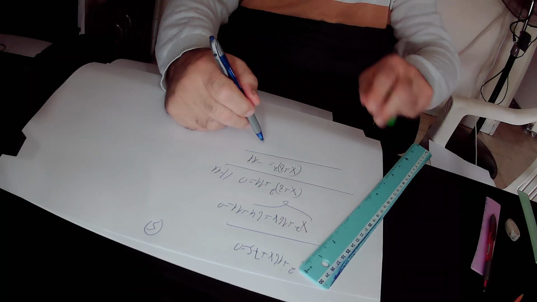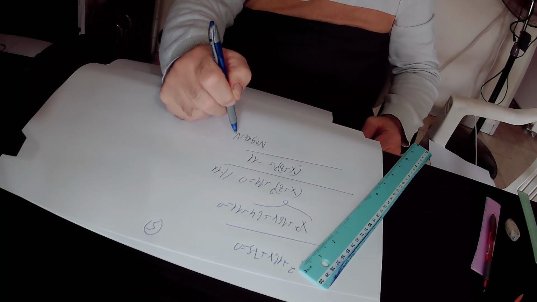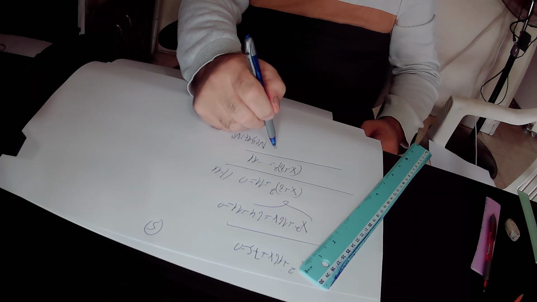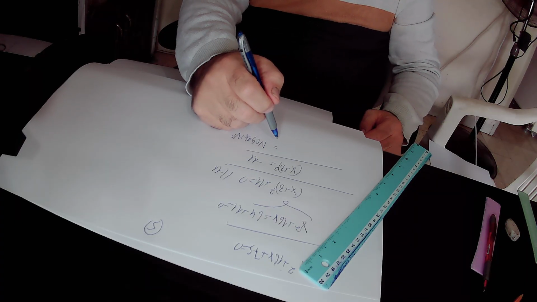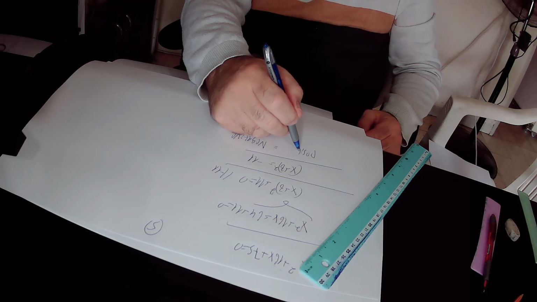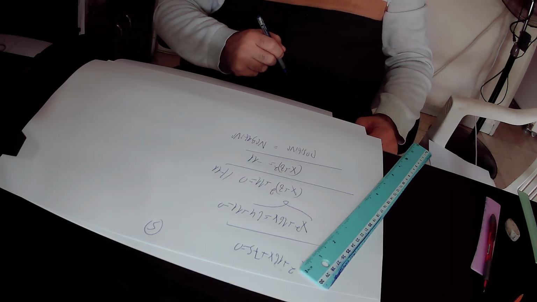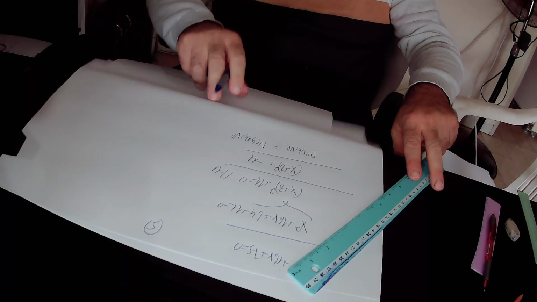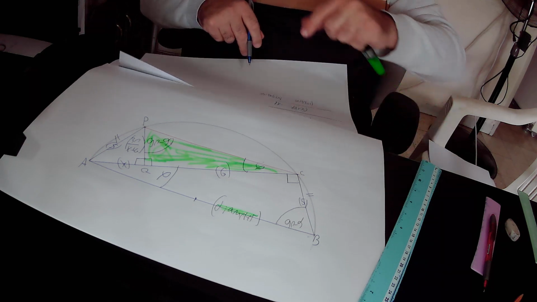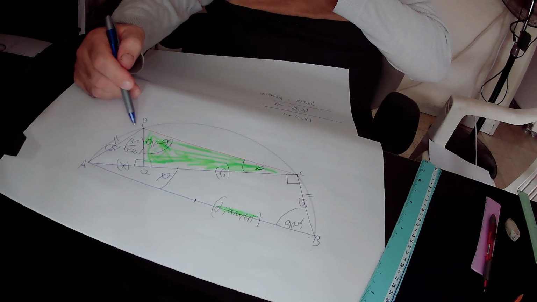Minus 11 is definitely a negative number, but x plus 8 squared is definitely a positive number. Why? Because x is one side of this right triangle APQ.